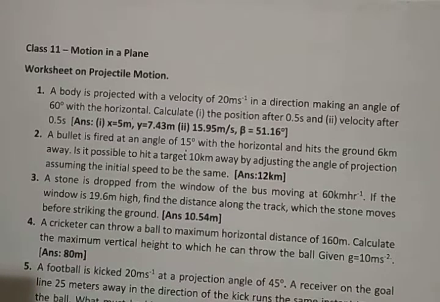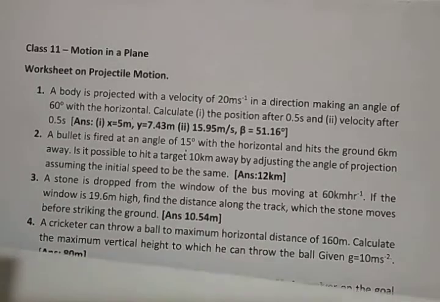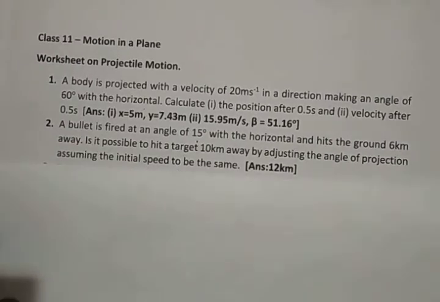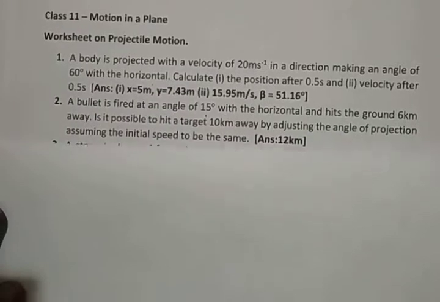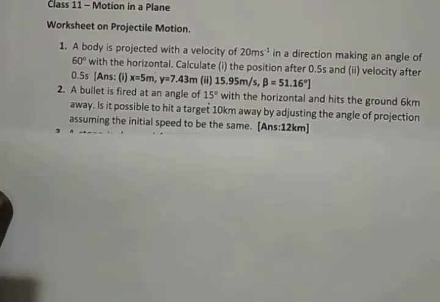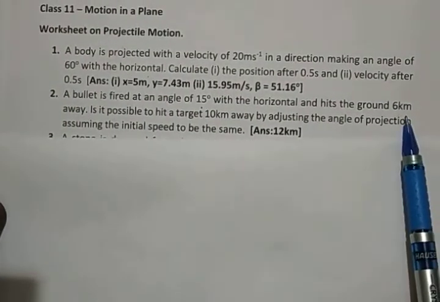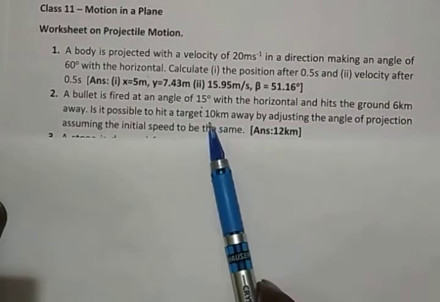Now, is it possible to hit a target 10 kilometers away by adjusting the angle of projection, assuming the initial speed to be the same? So it is asked, is it possible to hit a target 10 kilometers away also? Already you are getting 6 kilometers. Can you adjust and go on to 10 kilometers?